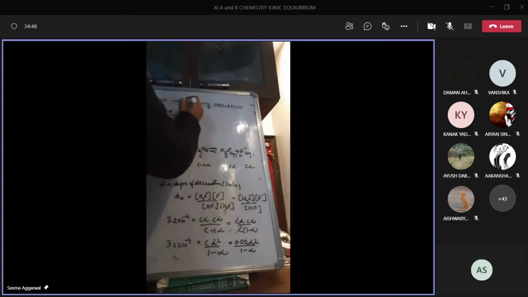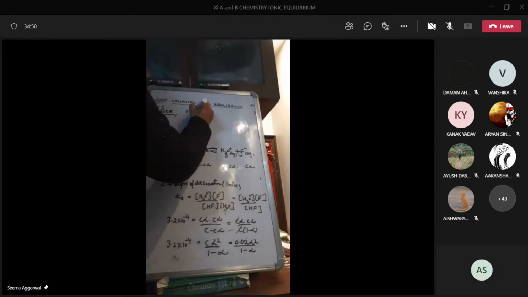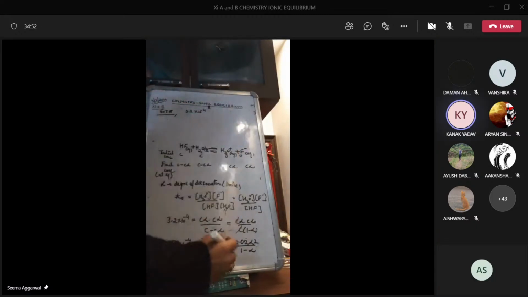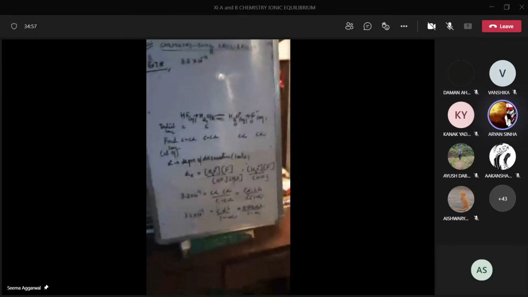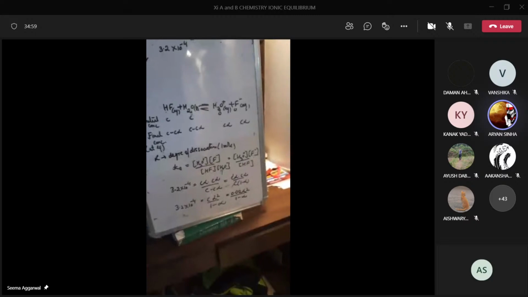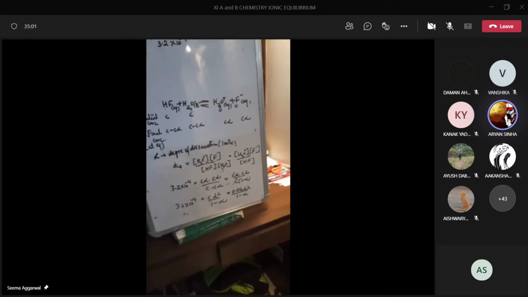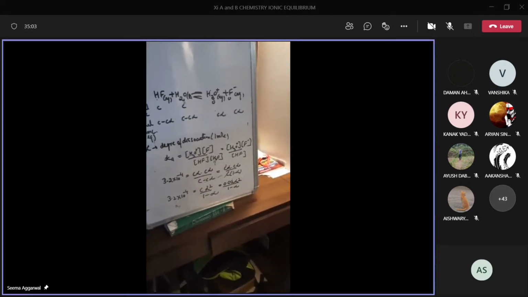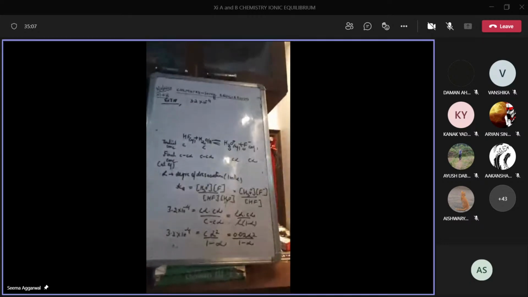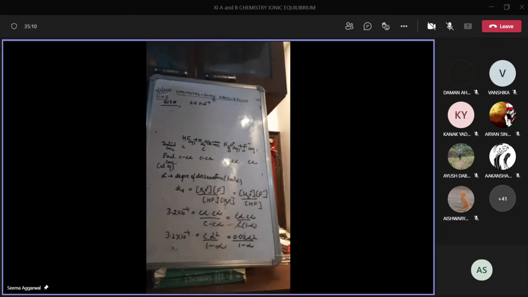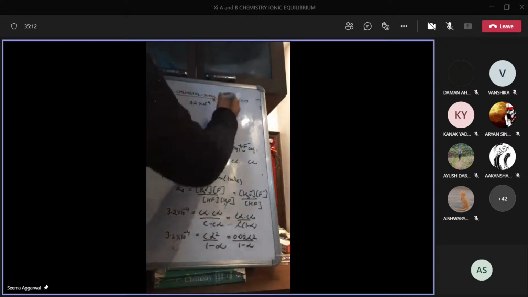Ma'am, it will become a quadratic equation now. Yes, it is going to become a quadratic equation. That's why I am saying this is the actual method, but it is quite lengthy.